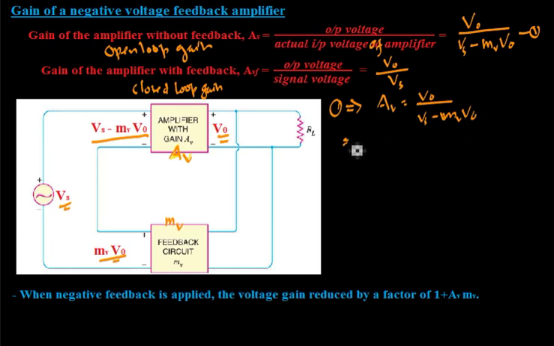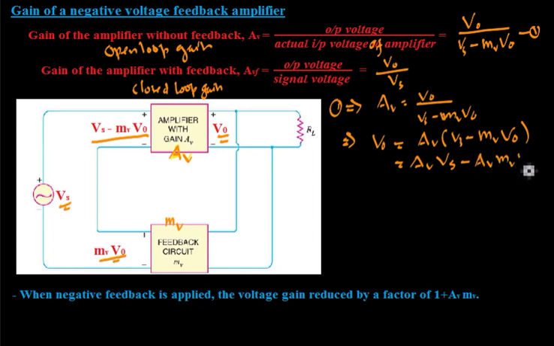That can be written, if you cross multiply it, as V0 equal to AV into Vs minus MV into V0, which is equal to AV into Vs minus AV MV into V0.